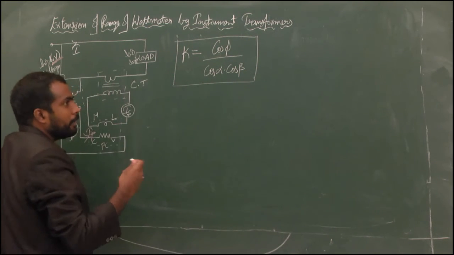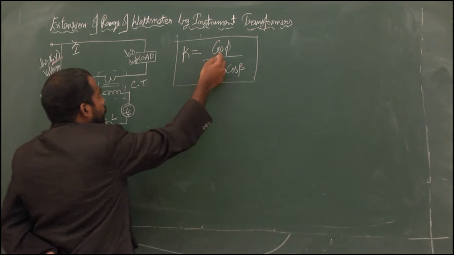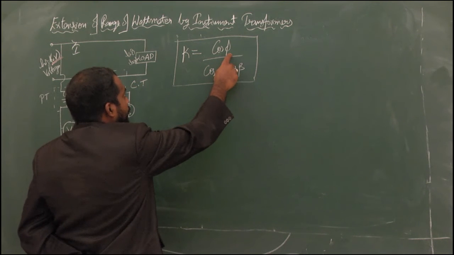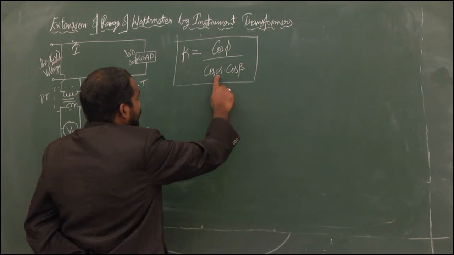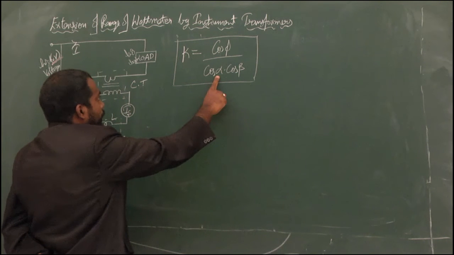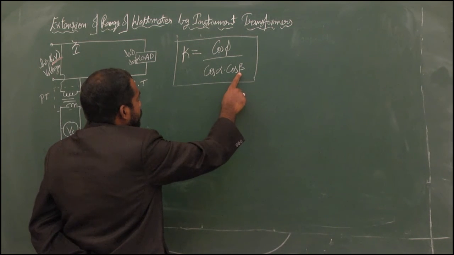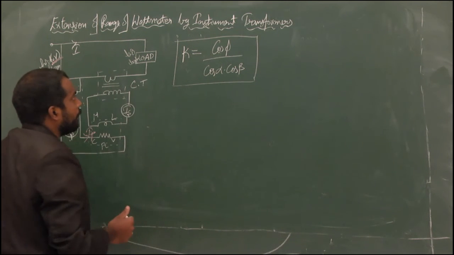That means after minimizing the error, the correction factor in the wattmeter is equal to cos phi by cos alpha cos beta, where phi is the phase angle difference between voltage and current, alpha is the phase angle difference between current coil current and pressure coil current, and beta is the phase angle difference between pressure coil voltage and current, right? So this is the correction factor.